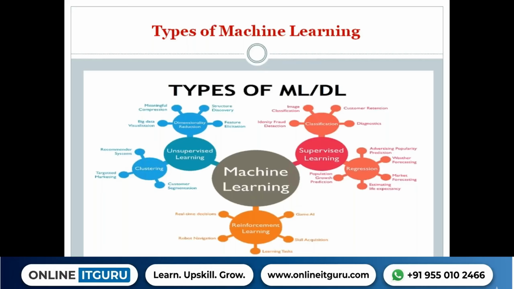Reinforcement learning. What are the best applications that I can do? What exactly do I do here? It's a mix of unsupervised and supervised processes. First, I do unsupervised. Both the learning processes will be automated in reinforcement learning.